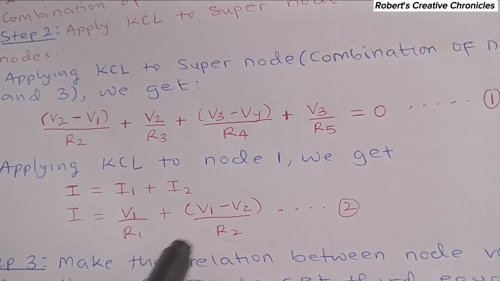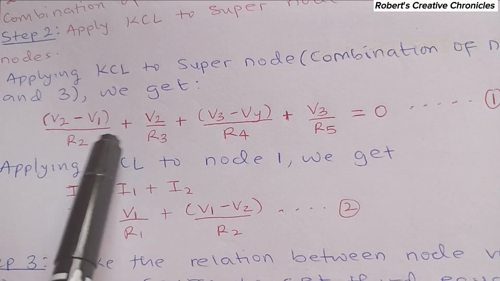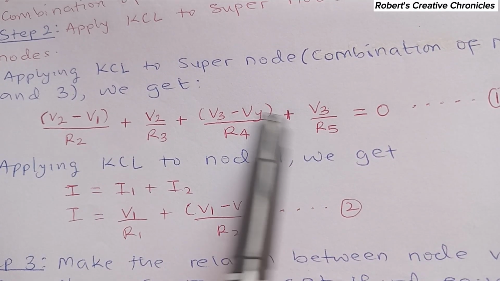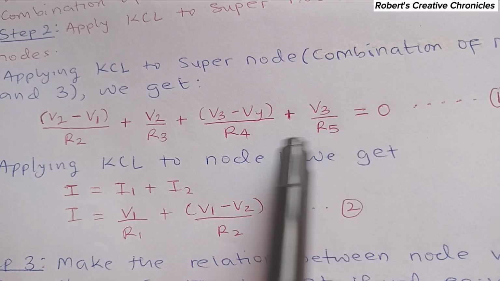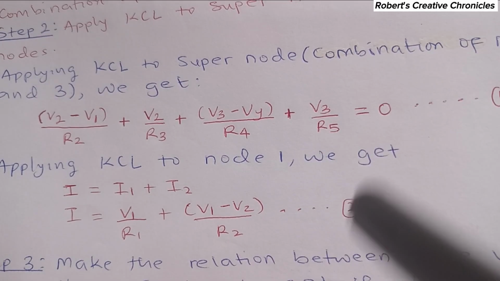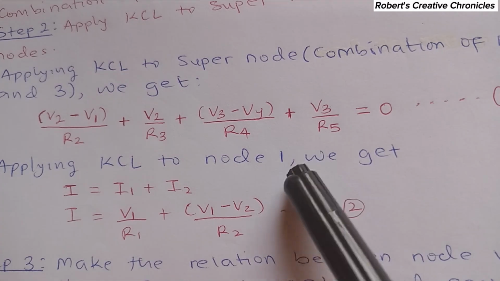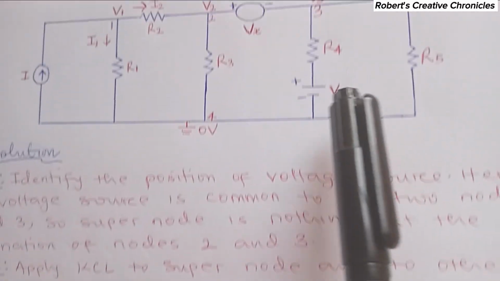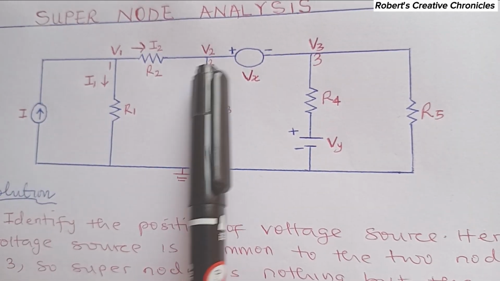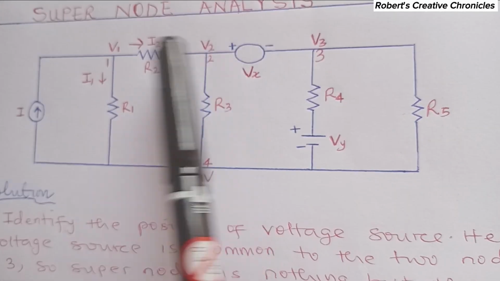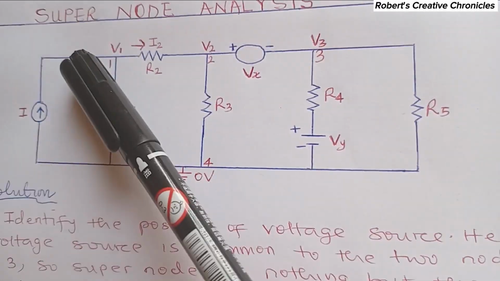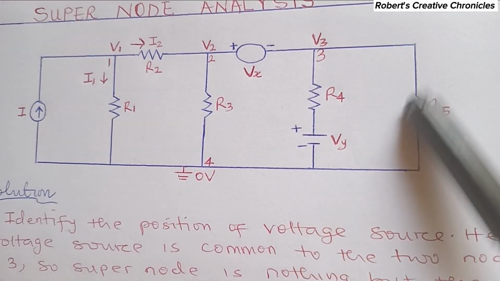We have applied KCL and also Ohm's law directly. Normally it should be an equation of current first, to be transferred into voltage and resistance, but we have done it directly. So this is how you do supernode analysis: when you apply KCL to the supernode, you start from the supernode. Instead of saying V1 minus V2, you start from this supernode, this minus this, this minus this.